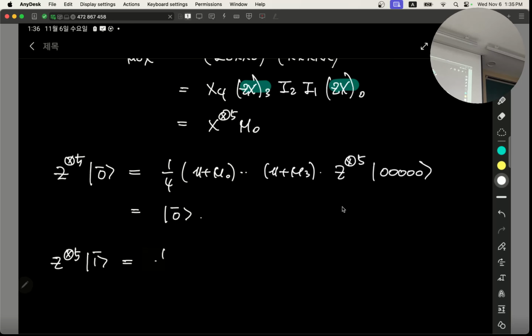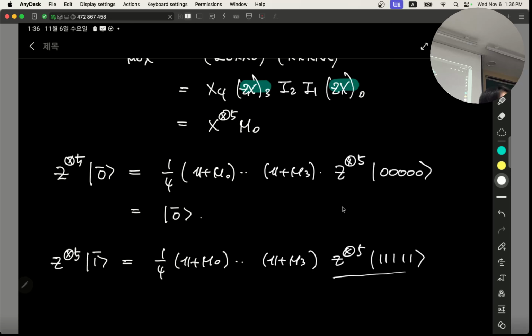So 1 over 4, 1 plus M0, 1 plus M3, and Z on 1, 1, 1, 1, 1. What happens next? What's the result here? How many ones here? 5. Okay, so you have 5 minuses. That means minus, right? So it's minus 1.